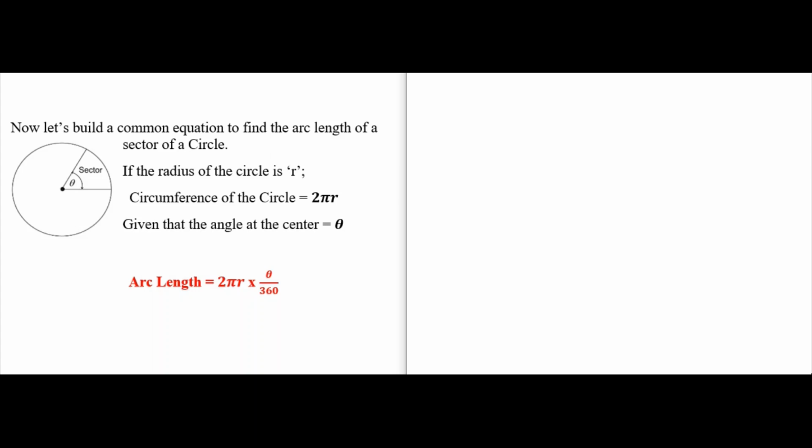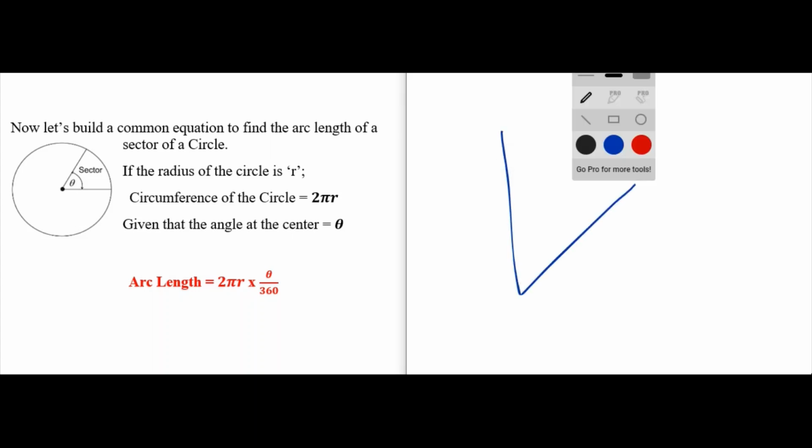The arc length, in my diagram, is from here to here, the length of the part of the circumference of the sector. Always remember we are not finding the perimeter yet, this is only the arc length which I just drew in red. We find it by multiplying 2 pi r by theta over 360.